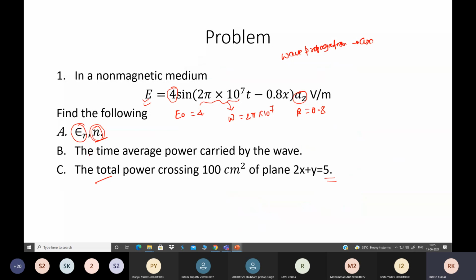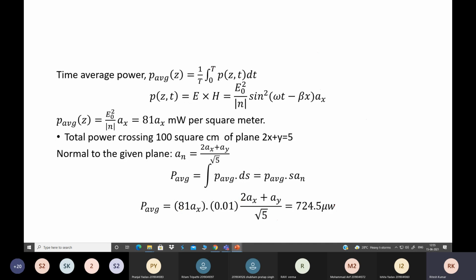Now next we have to calculate the time average power carried by the wave. You know the expression of E, and from there we can find the time average power. What is the expression of time average? That should be 1 by T, integral from 0 to T of the instantaneous value. And what is the instantaneous value? The cross product of these two, E cross H, which we can write as E cross E by eta, the intrinsic impedance.